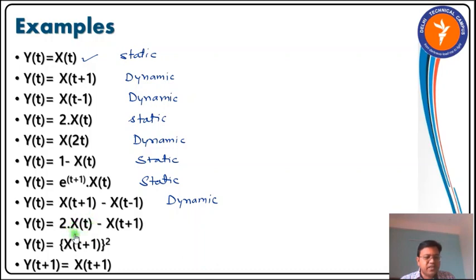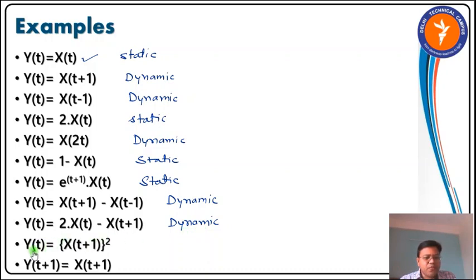So this part is saying the system is static, but this part is saying the system is dependent on time advanced input. So in all, the system is dynamic. This numerical says that if the output is dependent on any kind of input which is time shifted or time delayed at any instant of time, then we will say the system is a dynamic system.